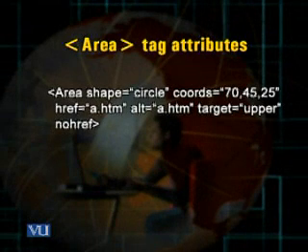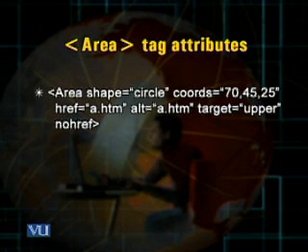Now you can see in the slide, I have mentioned some attributes of the area tag. You are already familiar with the shape attribute. In this particular case, I have kept the value of the shape attribute as circle. Then I use another attribute, coords.